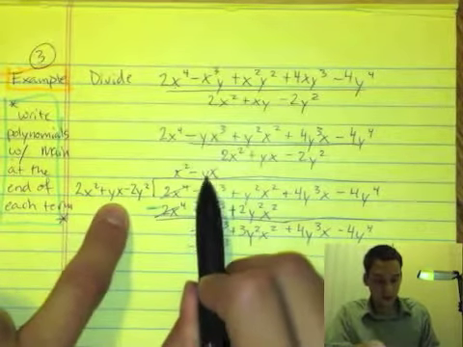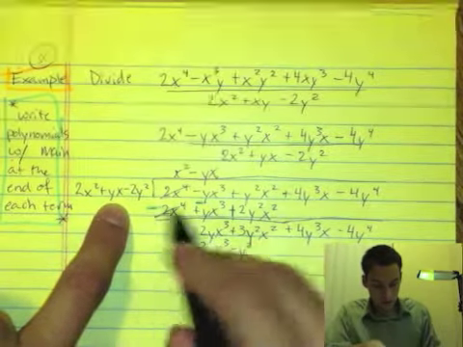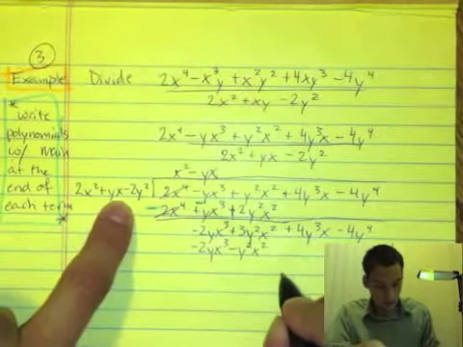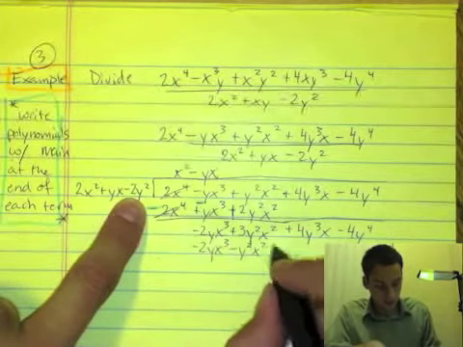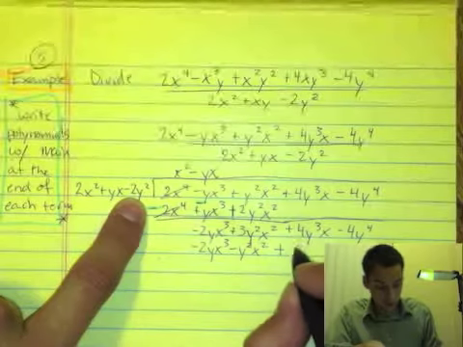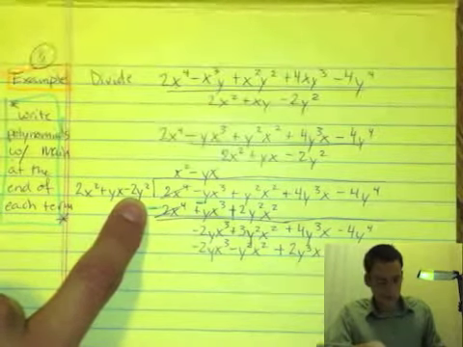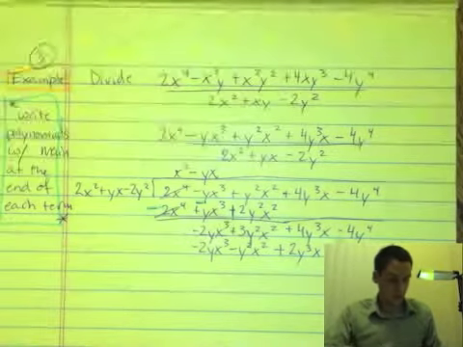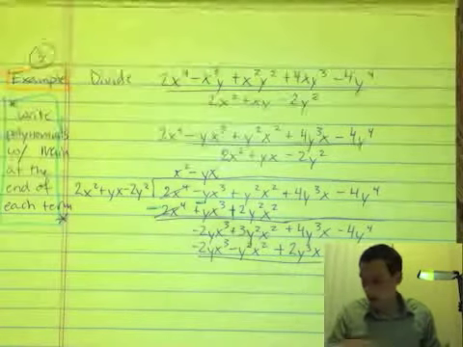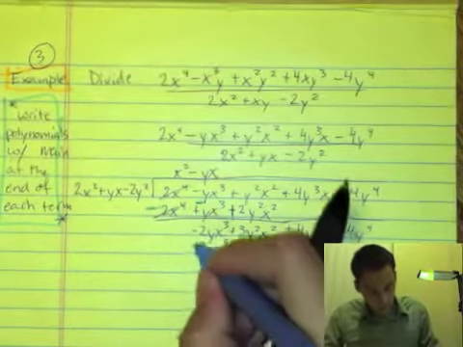Then I have negative y squared x squared. And then I have negative positive 2y cubed x. And that's it. I don't have enough for that term. I'm going to change the sign, but that's because I'm subtracting. That's what you have to do every time.